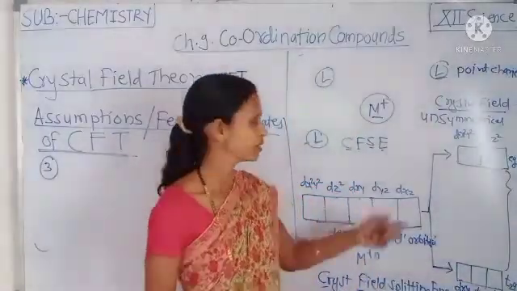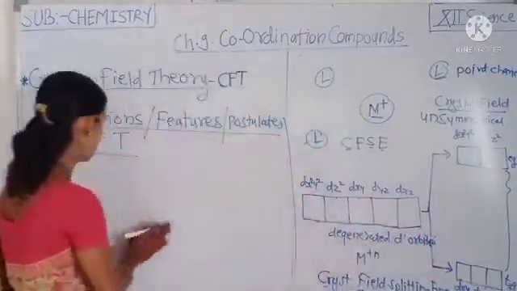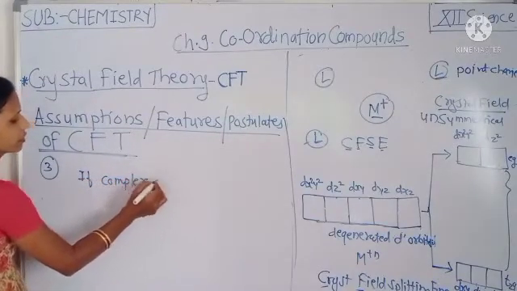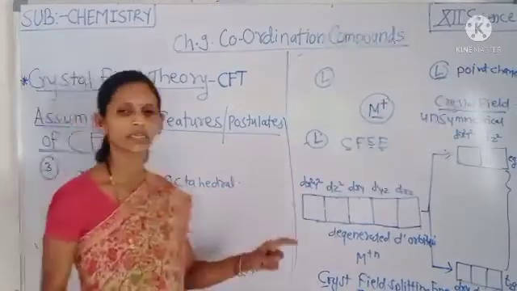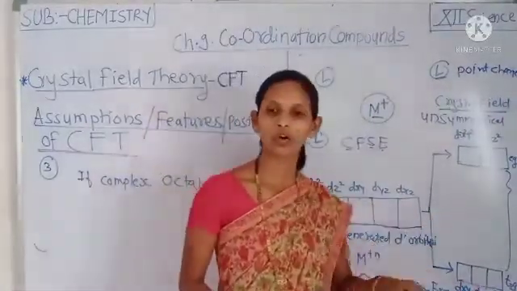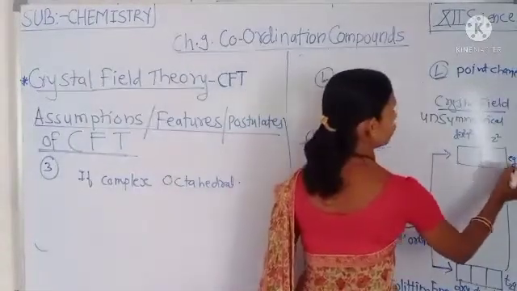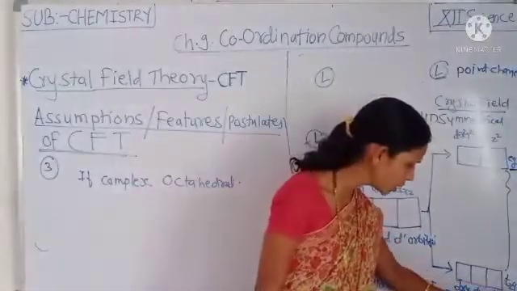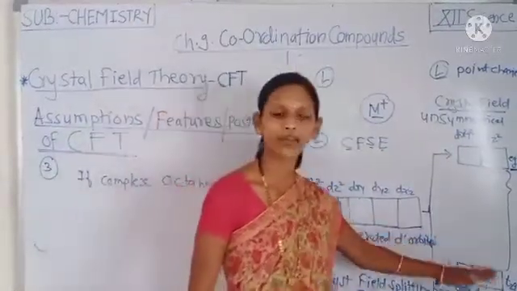If the complex is octahedral, then of the two split sets of d orbitals, the Eg set possesses higher energy, while the T2g set of d orbitals possesses lower energy.